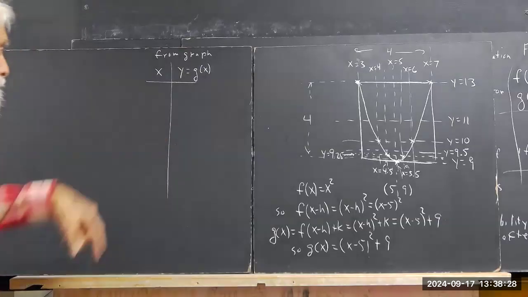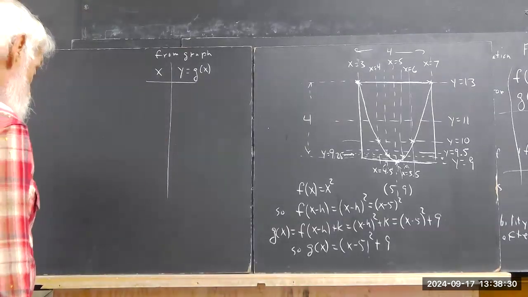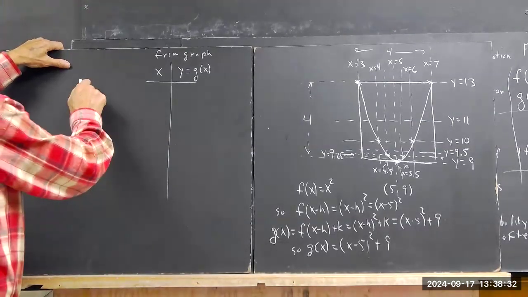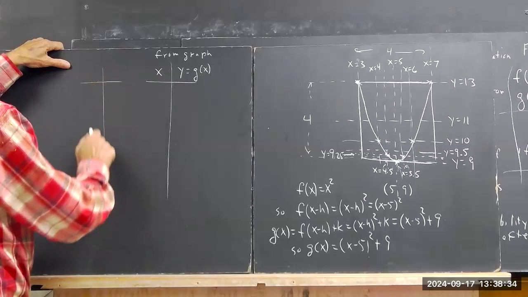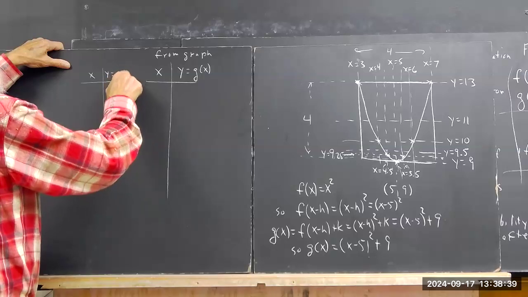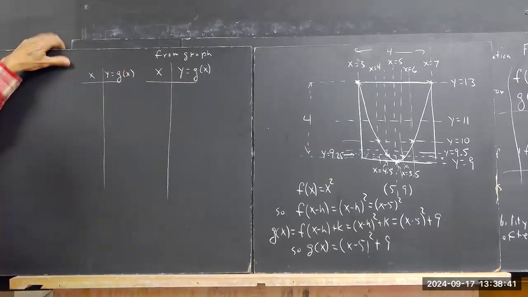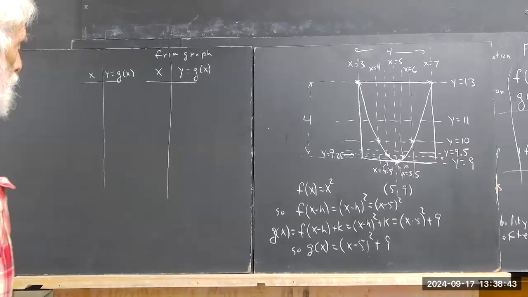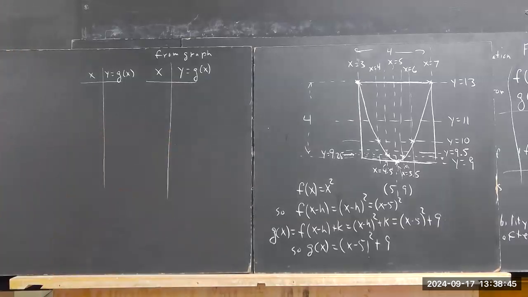Now we want to do this table from the graph. But then we're going to do another table that I don't want you to do yet. Leave yourself room to write them side by side. So we want the two tables side by side.